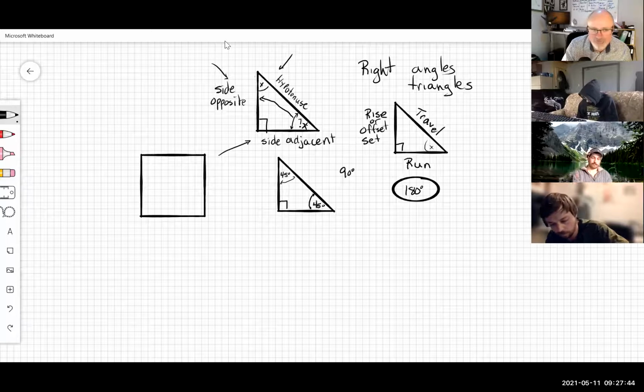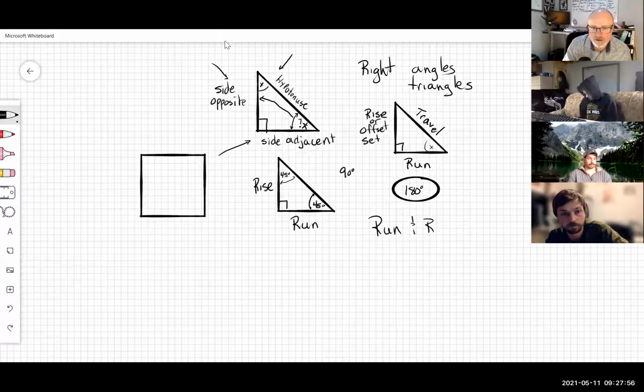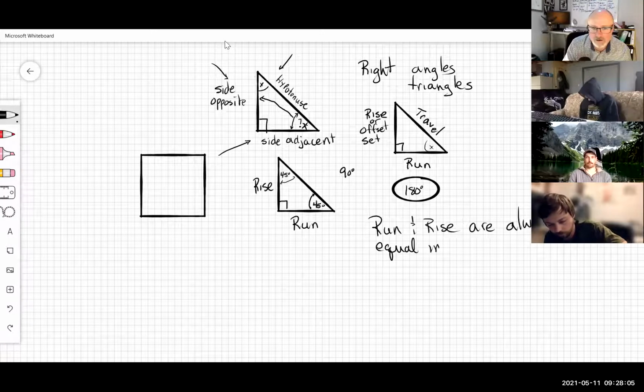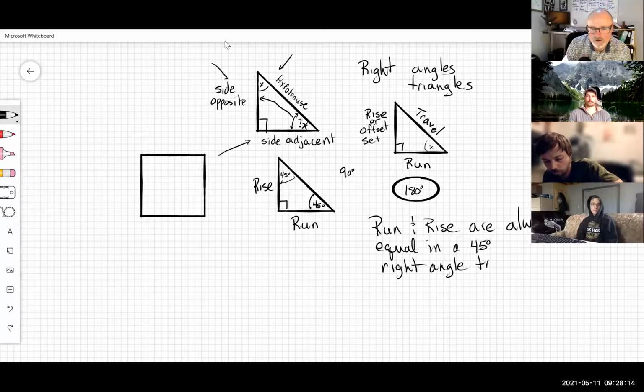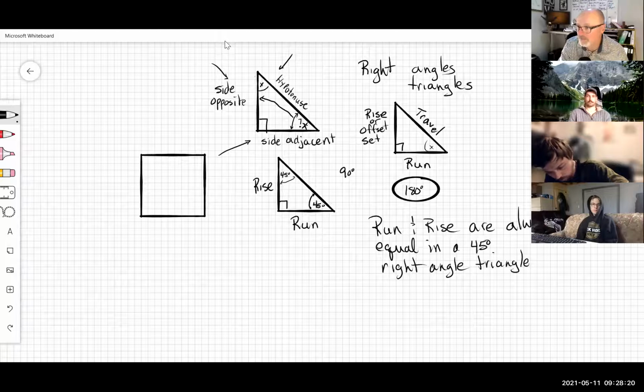So in a 45-degree right angle triangle, the run and the rise are the same.